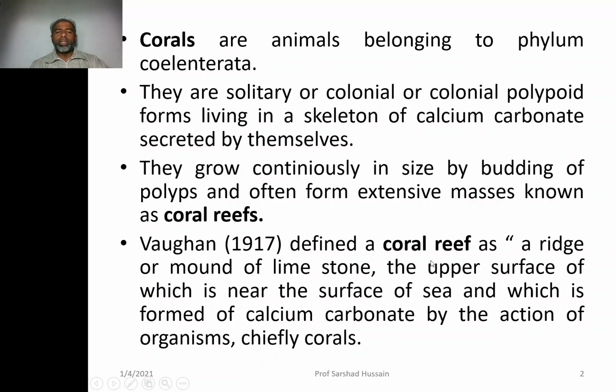So the ridge or the mound may have a depth deep in the sea, but the upper surface of which may be near the surface of the sea. And the coral reefs are chiefly built by the corals. Coral means the coelentrates, the animals.